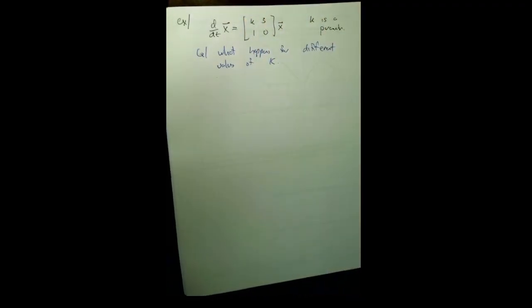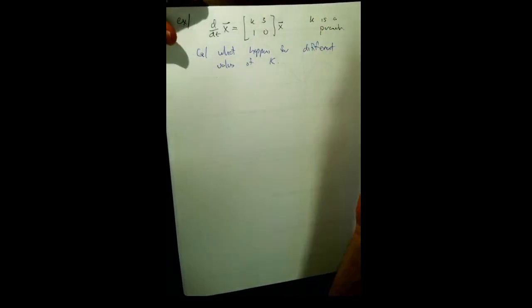So for any given value of k, we would like to make a rule up that'll tell us exactly what to expect. Will it grow? Will it decay? Will it oscillate? Will it be a sink or source? What's going on with that? At the end, I should have basically a table that I can just look at my value of k and say it's in a given range, and then explain what's going to happen.